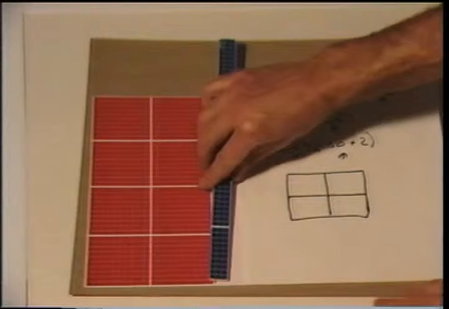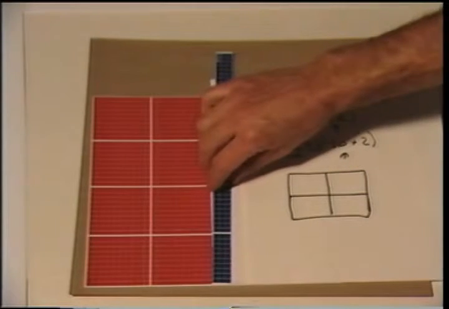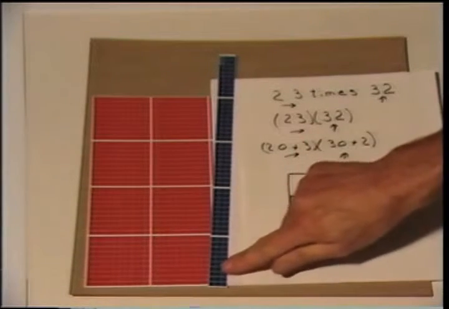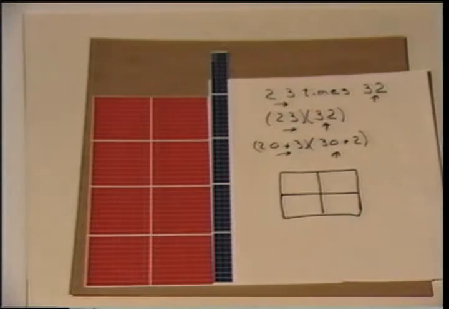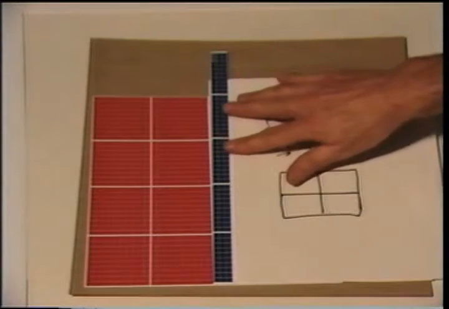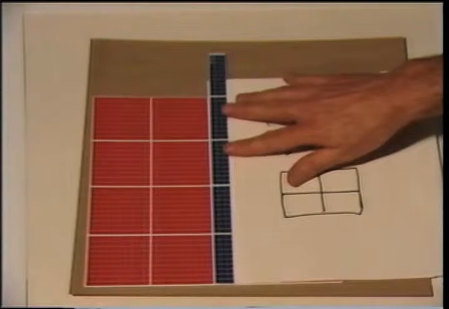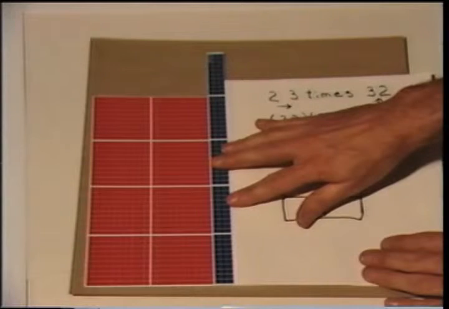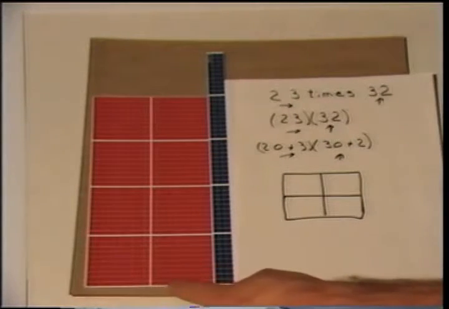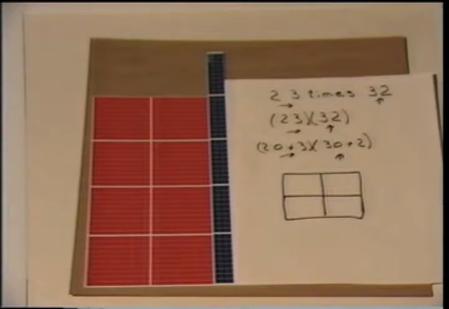I've come over 3 units, and every time I come up 10, I've got 10 bars. And notice I just grab any rectangle that's over 3. Okay, I have come over 2 plus 3.